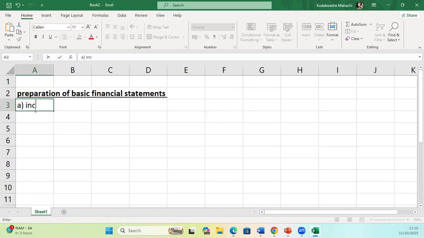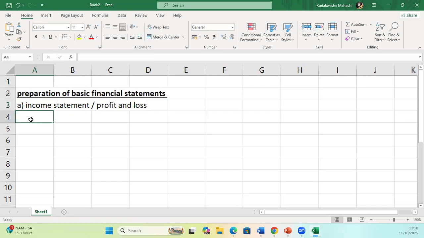We have what we call the income statement, or what used to be called the profit and loss. What is this for? This is used to determine whether we have made a profit or not.